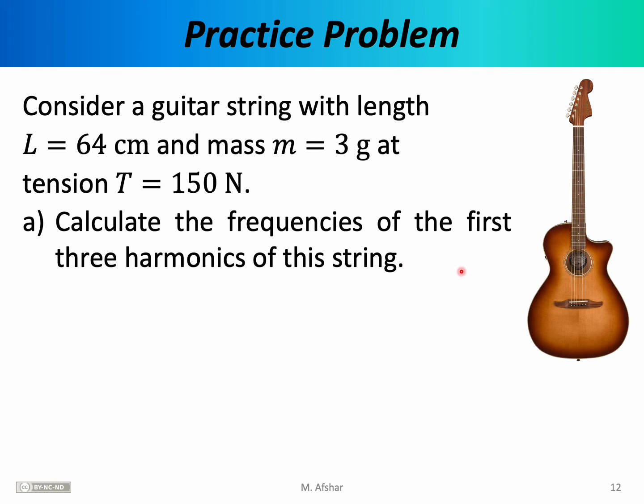What are the resonant frequencies? These are the harmonics of this particular string. In particular, we're interested in the first 3 harmonics. So we're talking about n equals 1, n equals 2, and n equals 3. Now recall that we have a formula for the harmonic or resonant frequencies. The formula was this.